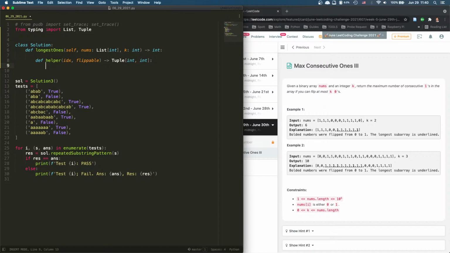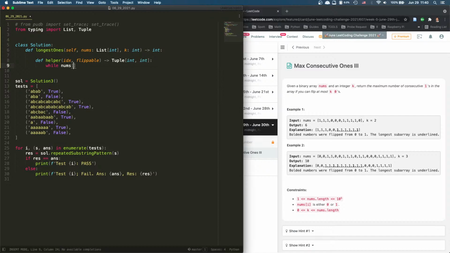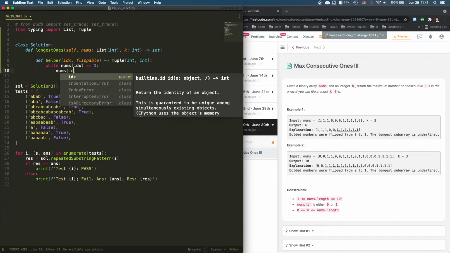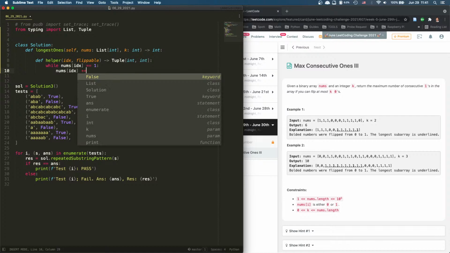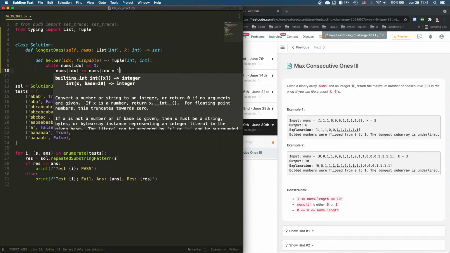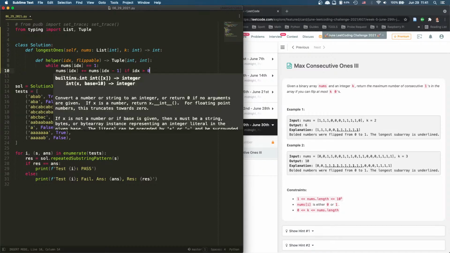And say while nums index is equal to 1, we say nums index plus equal the previous one, plus equal nums index minus 1, if index is larger or equal to 0, or 0.